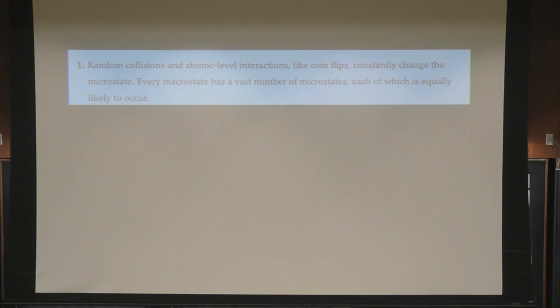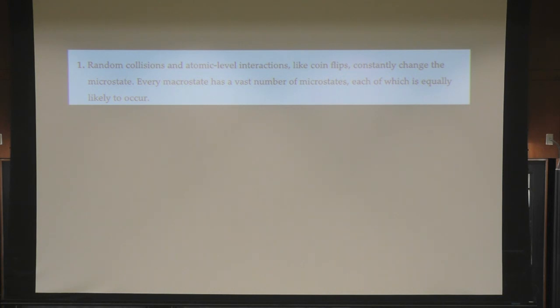The first is that these random collisions and atomic level interactions, like coin flips, constantly change the microstate. So we have this system of particles, they're doing all of this stuff, they're not fixed in place. Just because the entropy is 0 doesn't mean that it doesn't have energy and it's not doing stuff.